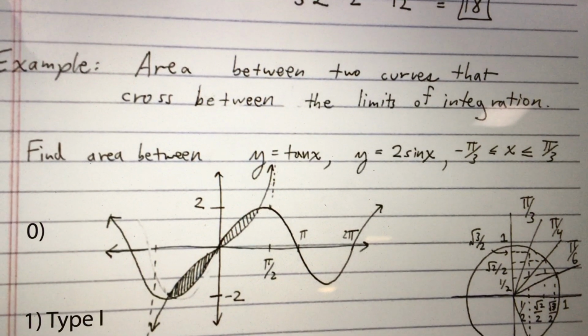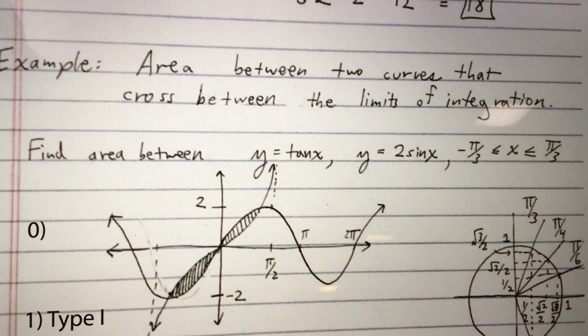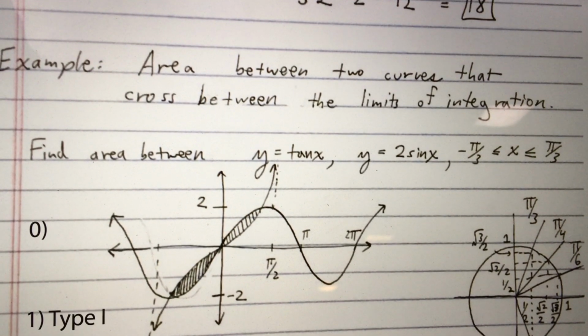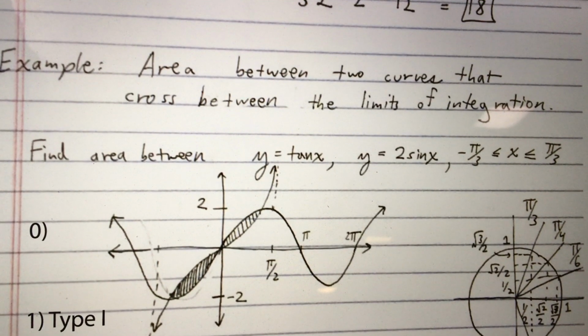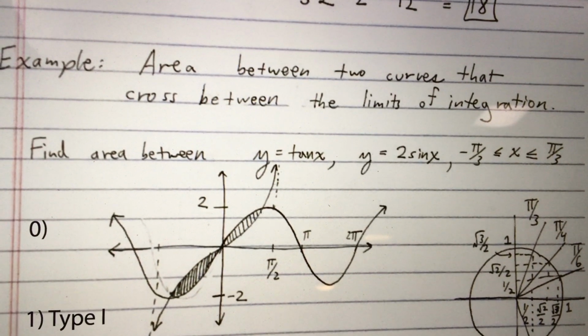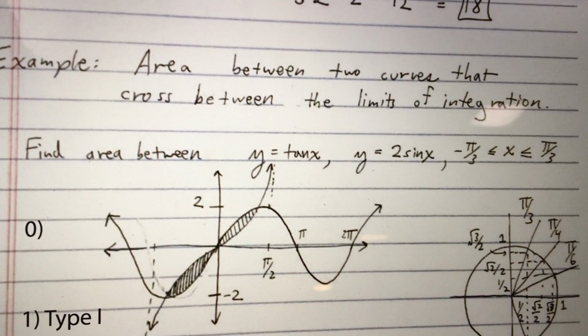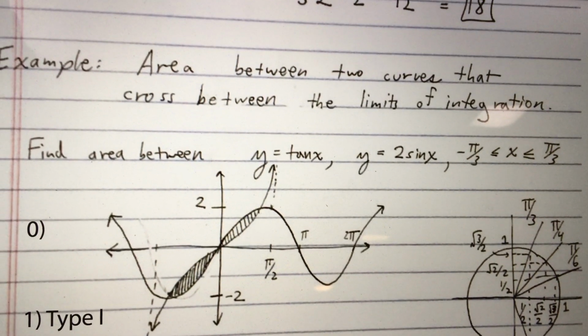Now the graph of tangent, for that you can remember that it has those vertical asymptotes at pi/2 and -pi/2, because tangent is the same thing as sine divided by cosine, and so where cosine would have been 0 is a vertical asymptote for tangent. So there's the shaded area that we're trying to find.